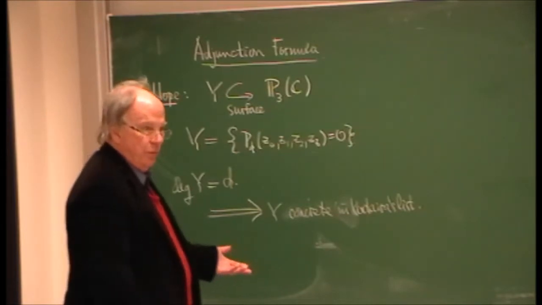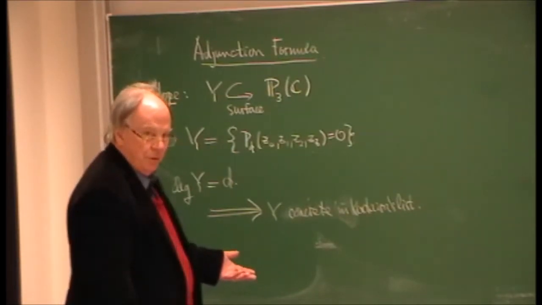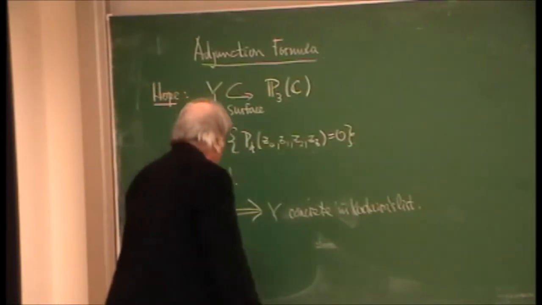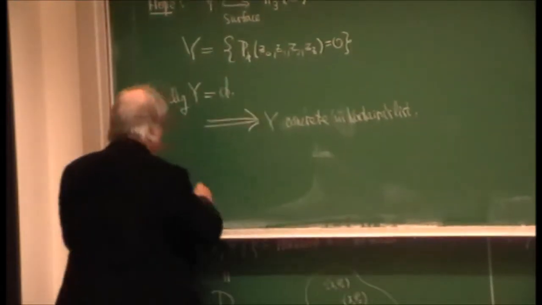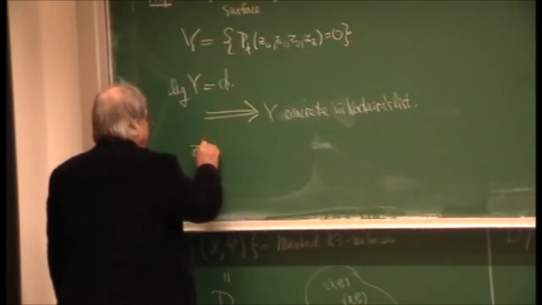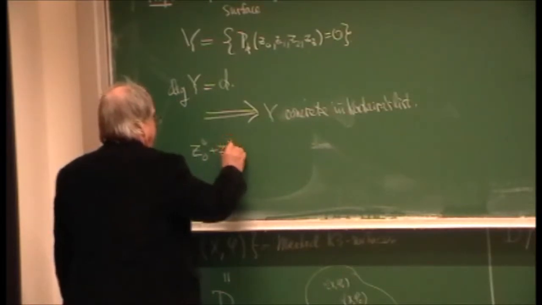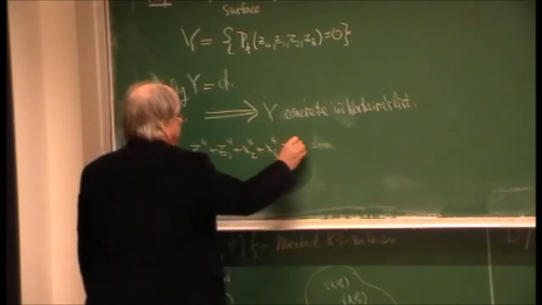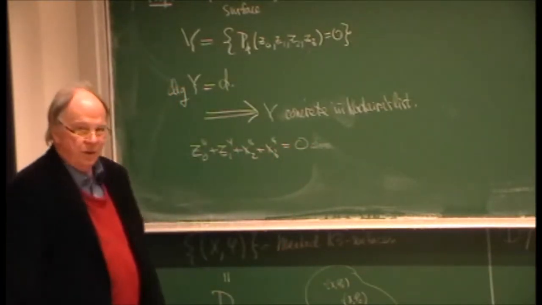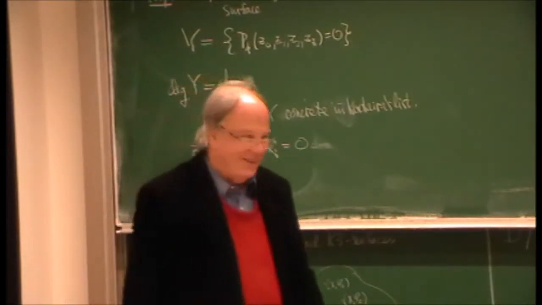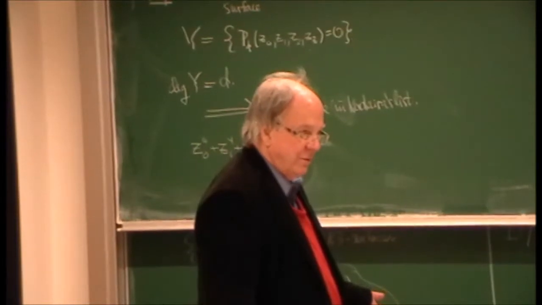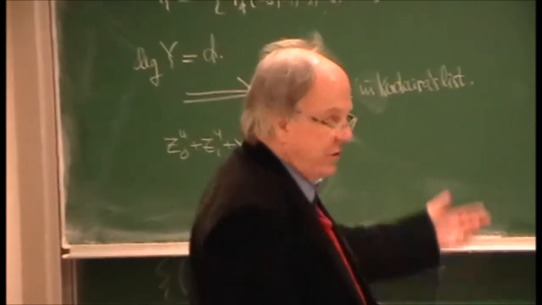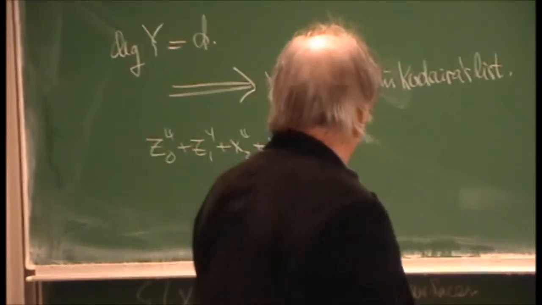You hand me a homogeneous polynomial, for example, a Fermat polynomial, right? Maybe you say, okay, here's a good one, and you ask yourself, what's that surface? It's a reasonable question. So how does it fit in this Kodaira classification?